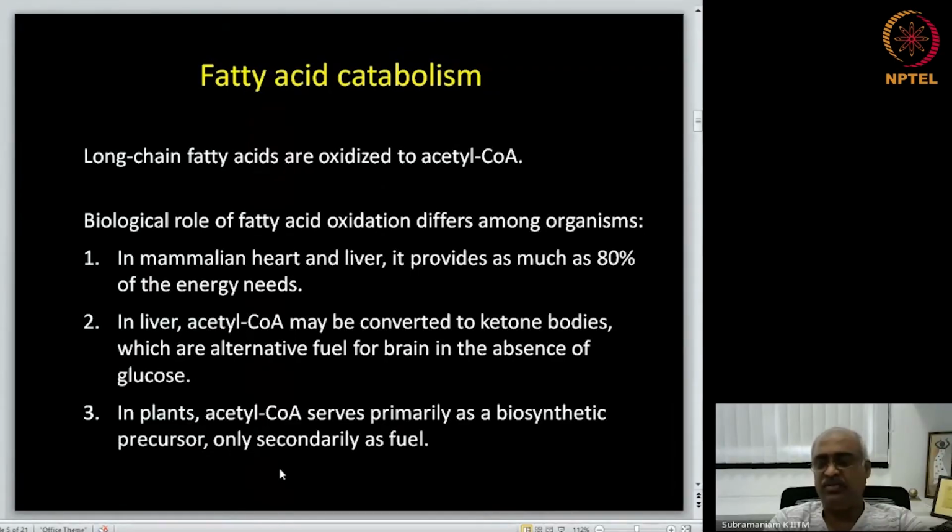Are any of you aware of anybody who follows that kind of diet? Where they do not eat carbohydrate, but they eat a lot of fat and protein. You are allowed to eat butter as much as you want, meat as much as you want, but you are not allowed to eat rice or wheat.